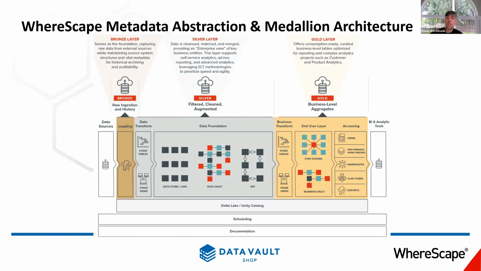So what does that look like with the WhereScape metadata abstraction on top of that? This is a variation of the diagram we looked at earlier from the WhereScape Red tool, but overlaying the bronze, silver, and gold levels inside the tool set. Your ingestion is your bronze layer, and then that staging into your raw storage is your silver layer, where you've done that enterprise integration as well.